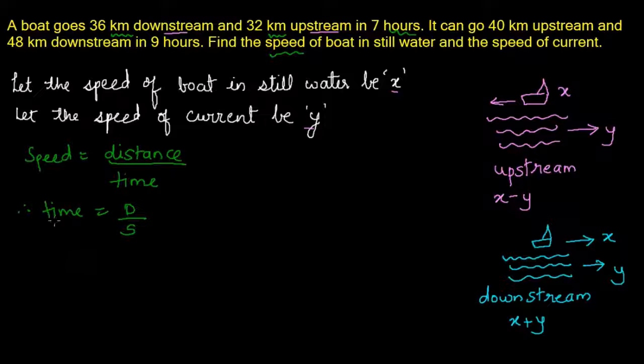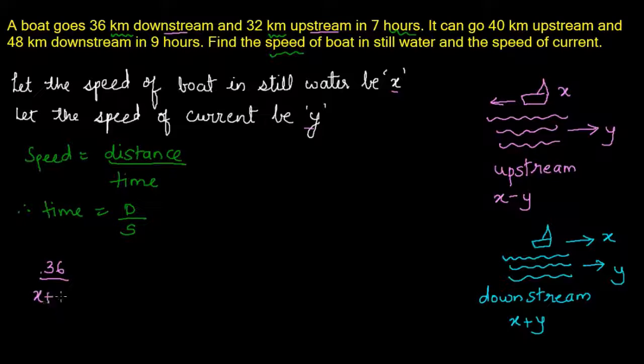Now we know that when it is going downstream, the speed is x plus y. When it is going upstream, the speed is x minus y. A boat travels 36 km downstream. So the distance it is traveling is 36 kilometers and it is going downstream, so the speed becomes x plus y. Distance upon speed gives us time.